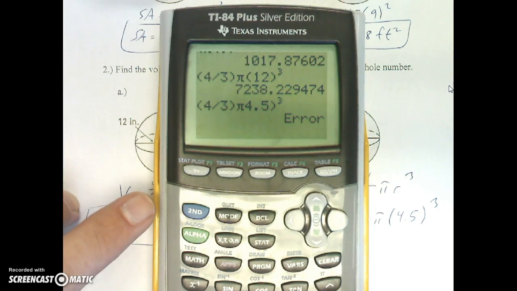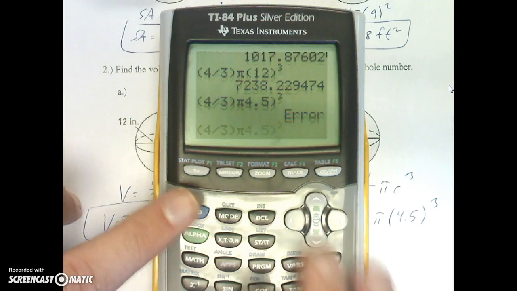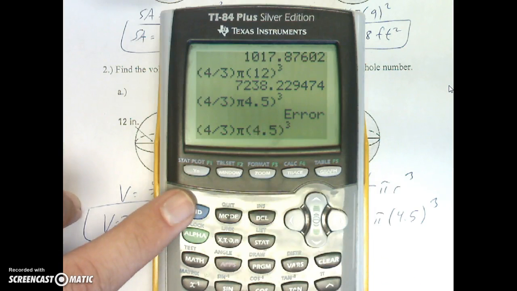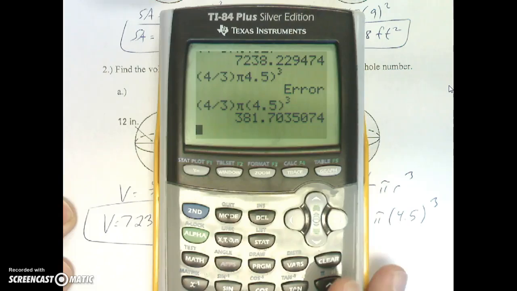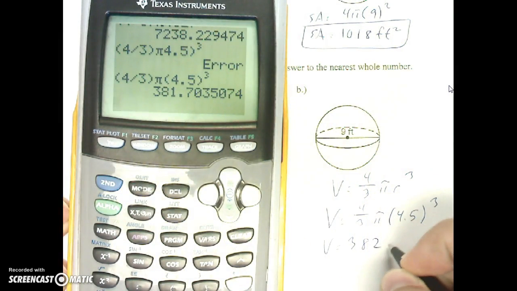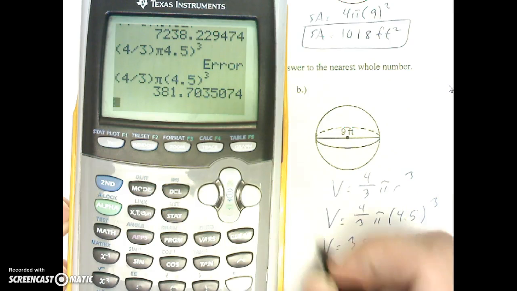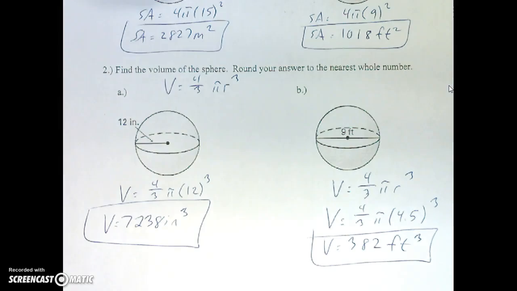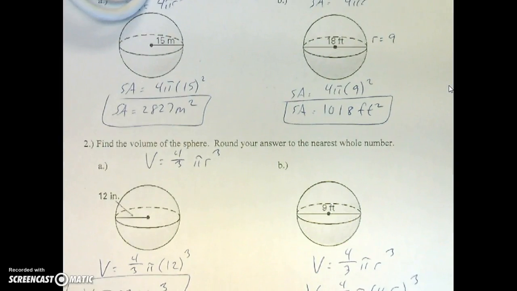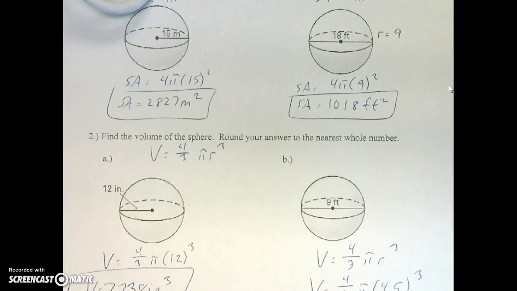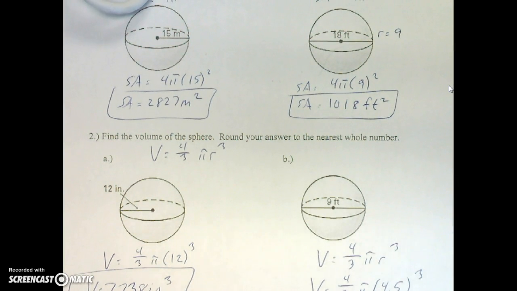Oh, I forgot my parentheses right here. That gives 382 feet cubed. Awesome, looking good so far. So here we have our 4 examples of surface area and volume of a sphere. Again, where's the difficulty? Finding your radius.